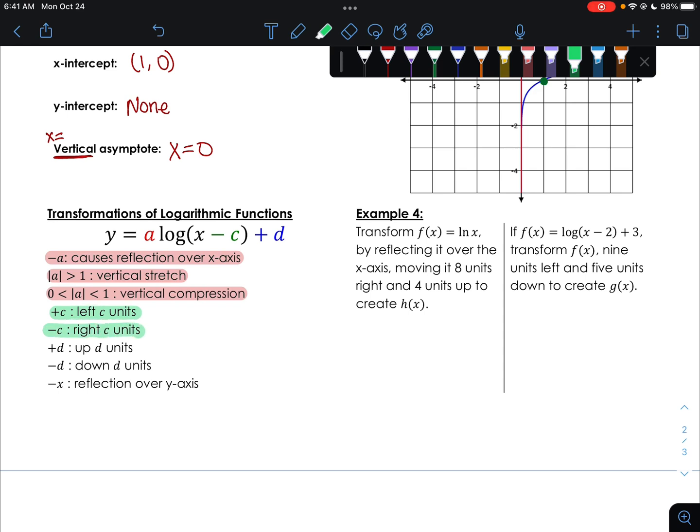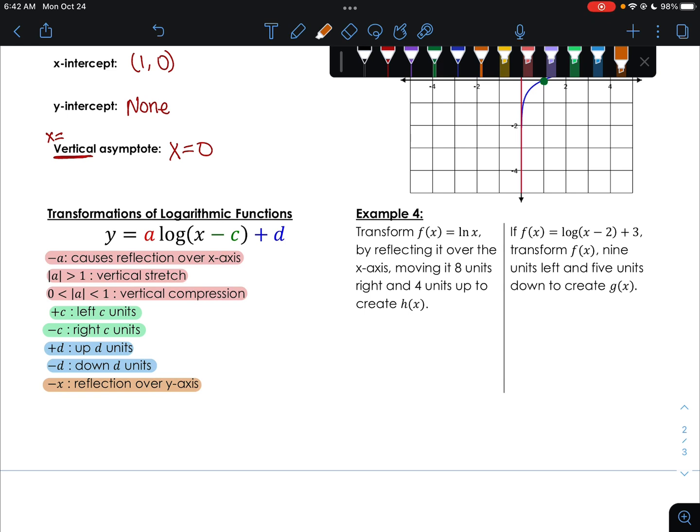If it's minus C, it goes to the right C units. Then if D is positive, it goes up. If D is negative, it goes down. And last but not least, I added this in, a negative x is a reflection over the y-axis. Now you do have to be careful with that because if there's something with C, you do have to distribute that negative.